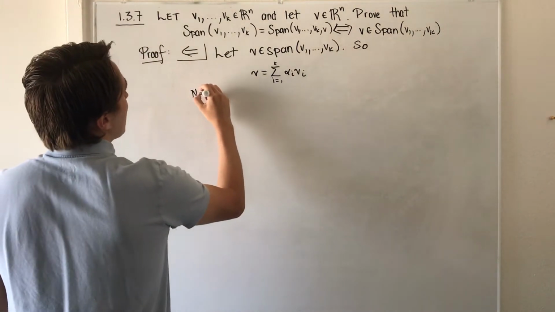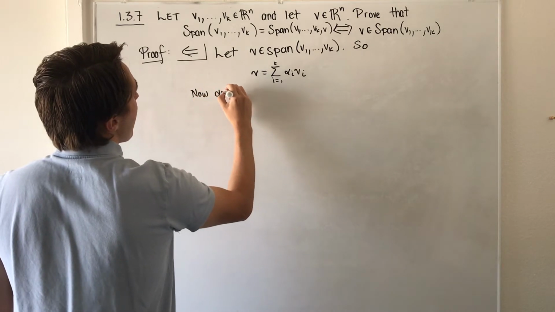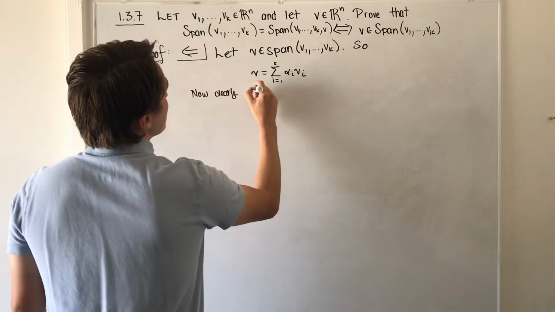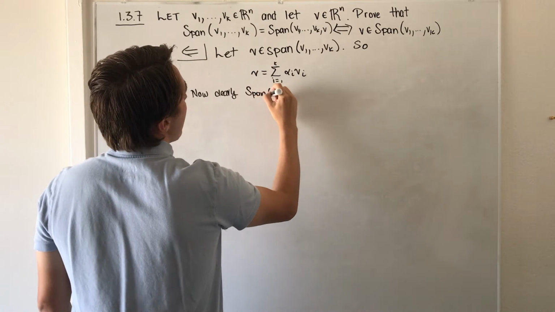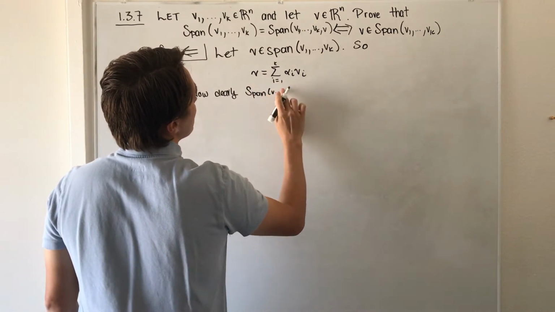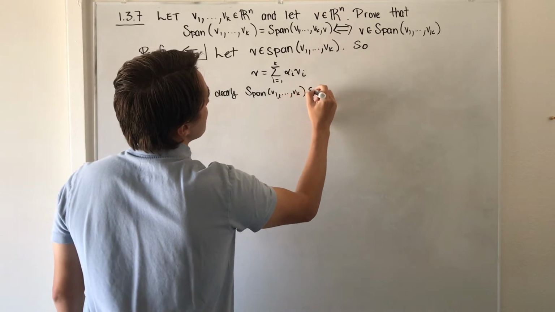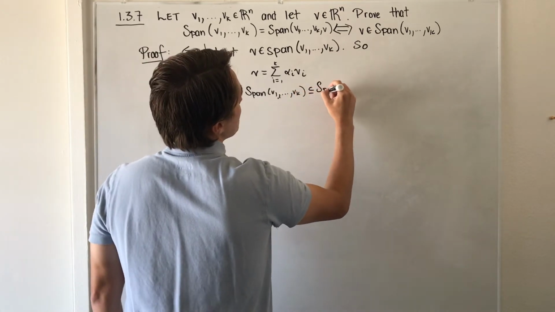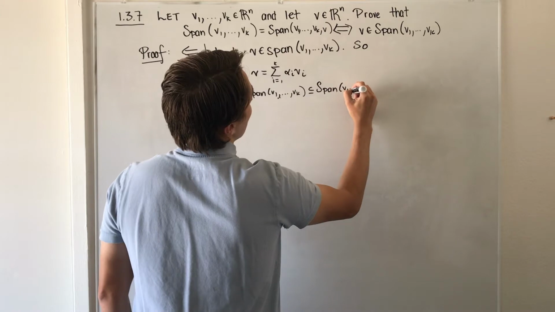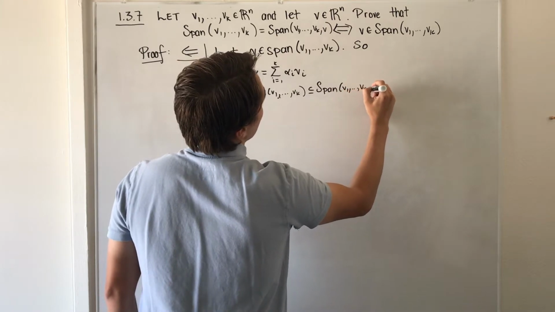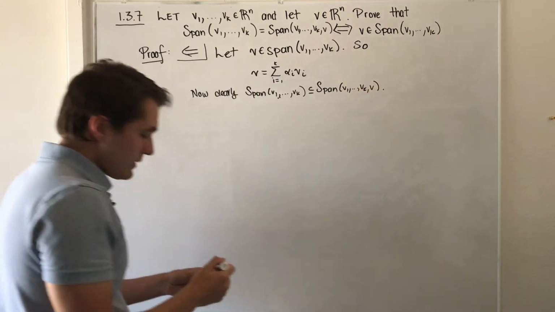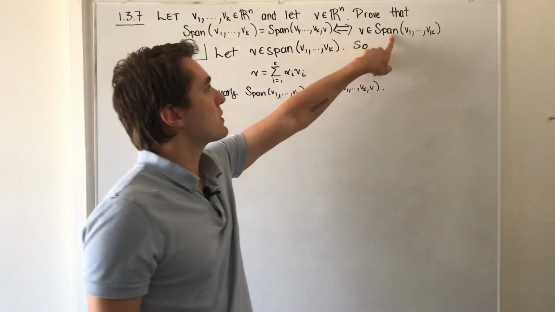Now, clearly, the span of v1 through vk is a subset of the span of v1 through vk and v. So we assumed this.